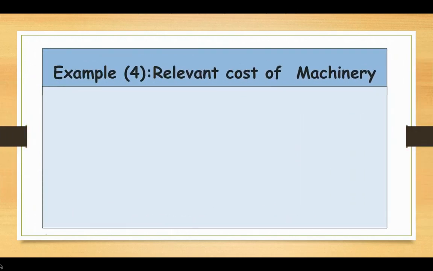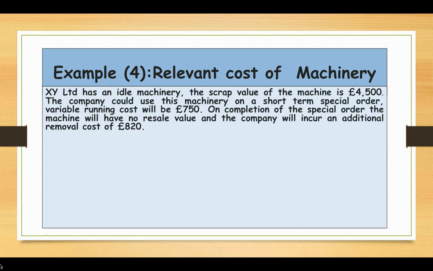We are going to see another example on relevant cost of machinery. So we'll see this example. XY Limited has an idle machinery. The scrap value of the machine is £4,500. The company could use this machinery on a short-term special order.